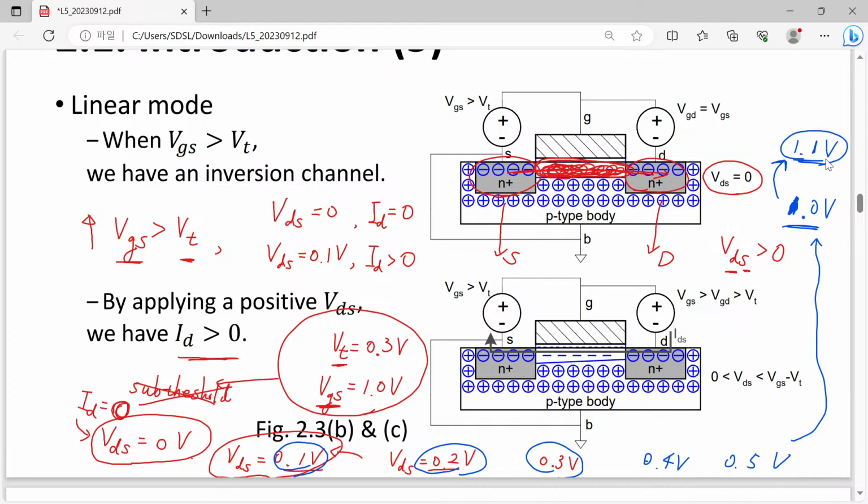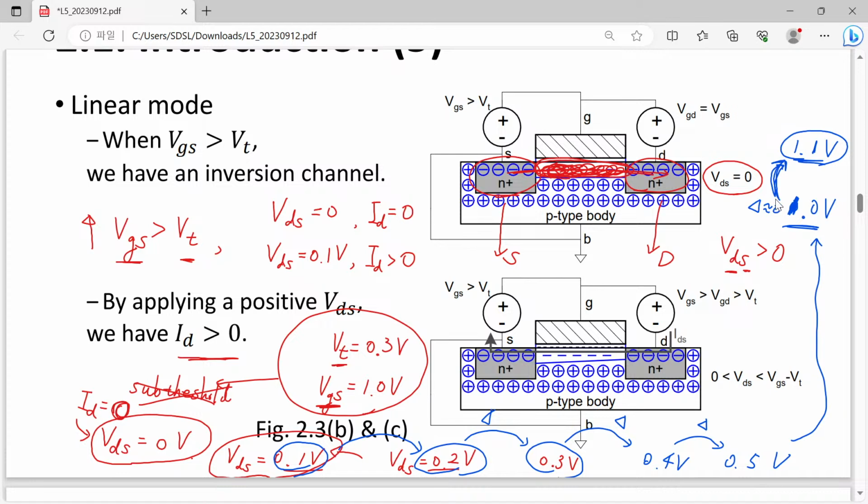But my point is, from point 1 to point 2, point 2 to point 3, we have a relatively large delta of our drain current. However, now when we approach this high value of drain voltage, then this delta becomes quite small.